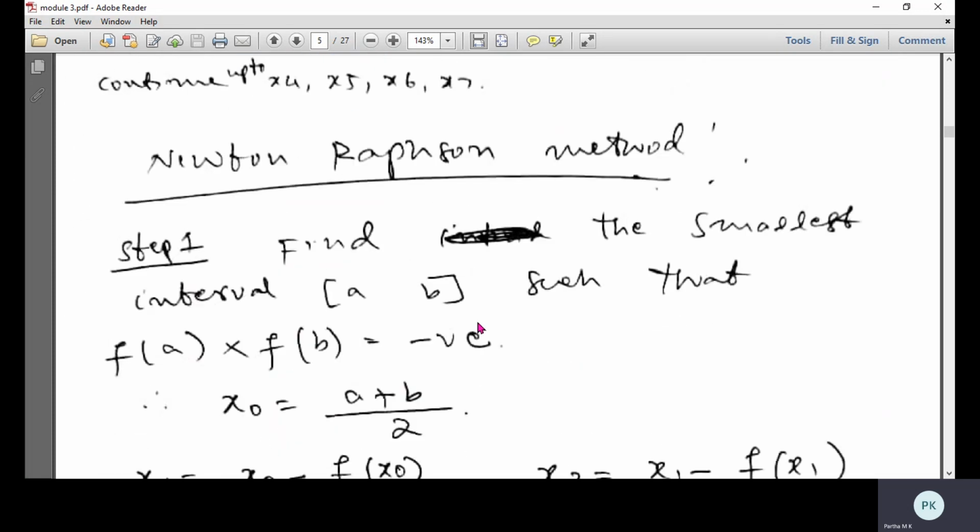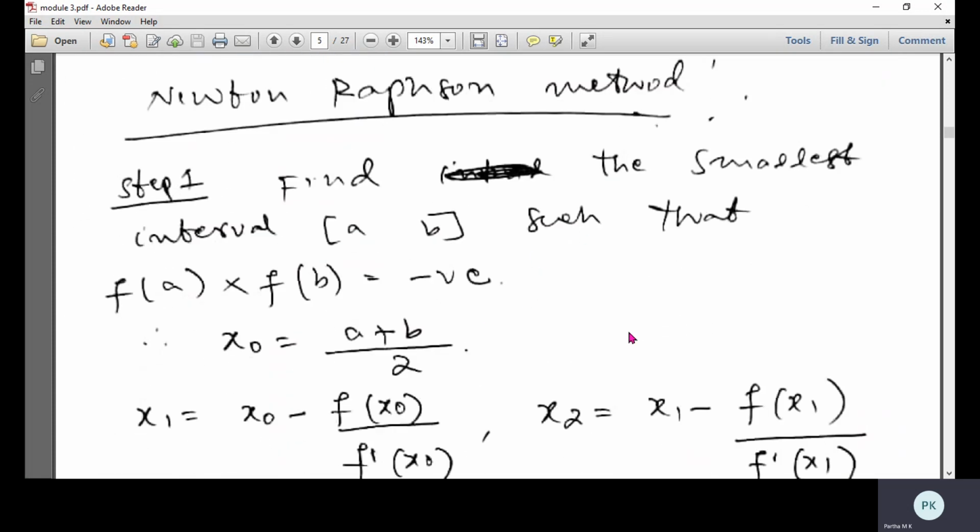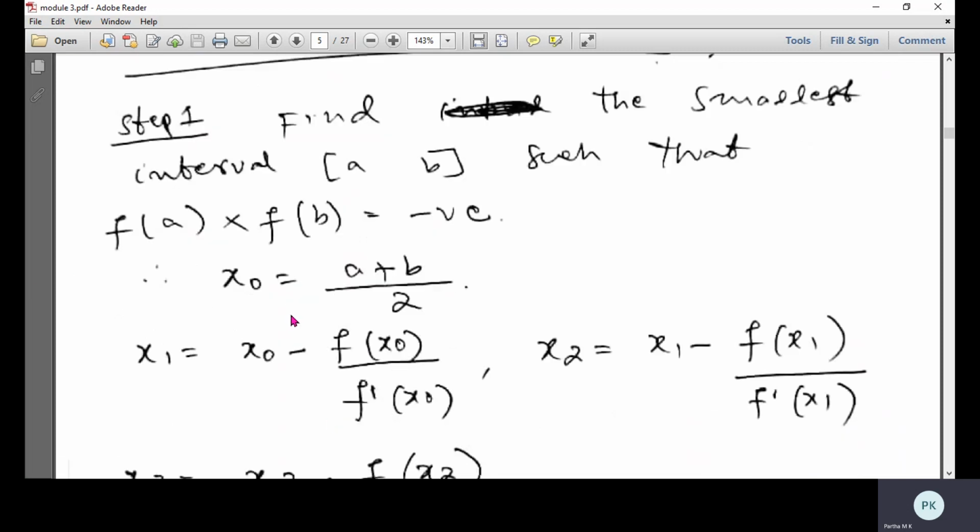Now we shall go for another method, Newton-Raphson method. First step, what you are doing, find the smallest interval AB as usual. You may give the interval or may not give the interval. FA into FB is equal to negative. Next, take initial approximation x0 is equal to A plus B by 2.